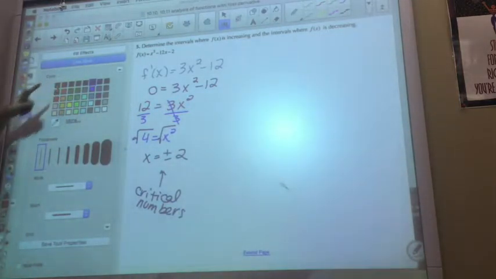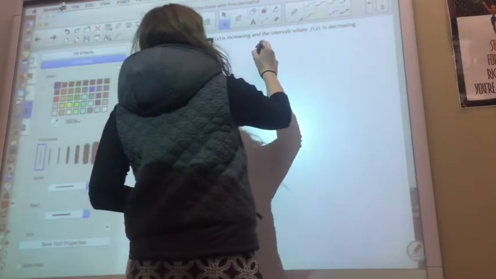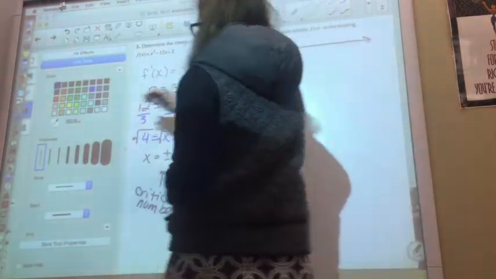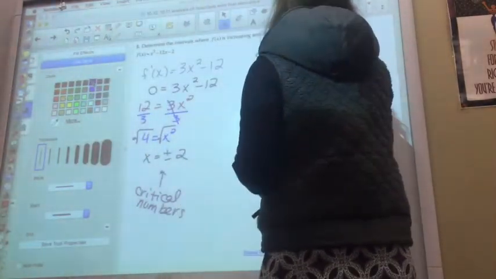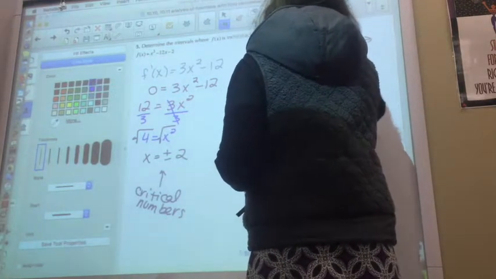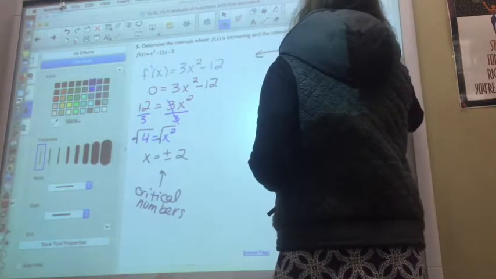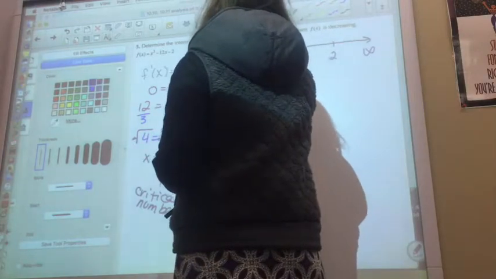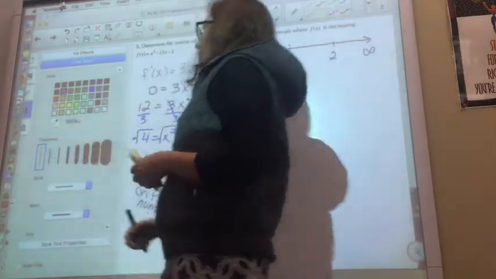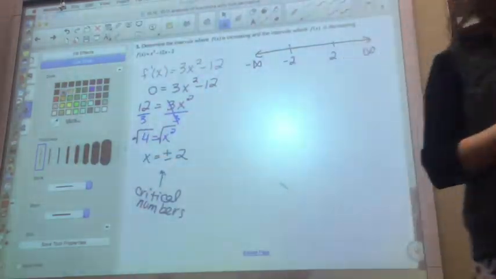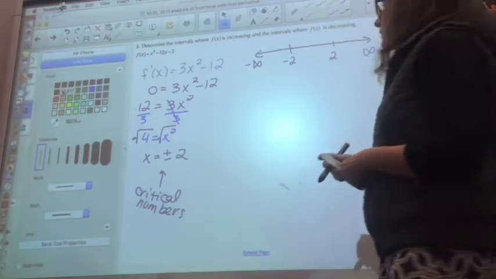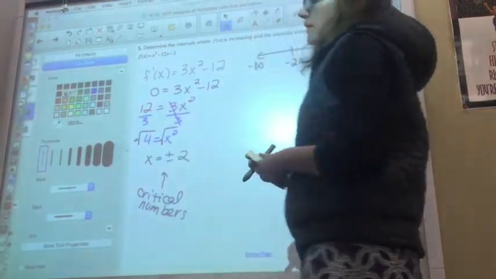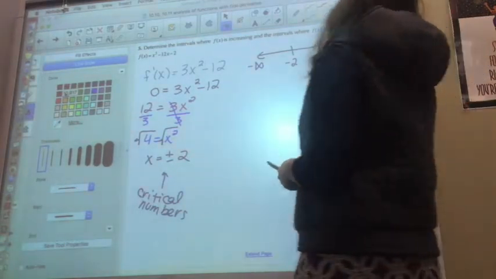Then what'd you do? Then I made a sign chart. Okay. So we need a number line. We're gonna put -2 and +2 on. I like writing my infinity and my negative infinity to remind me that those are what I'm gonna look for. And we're gonna look for signs of what? I said -3 and +3.